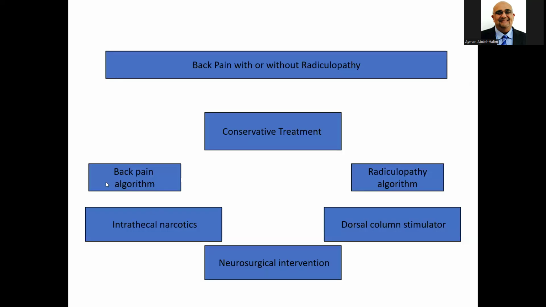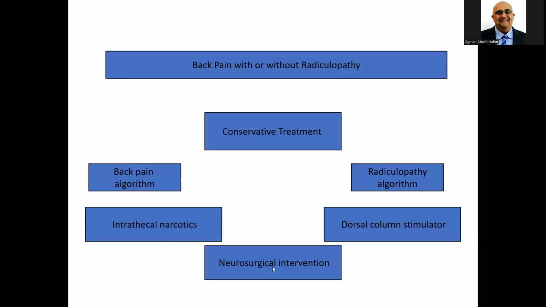Now, the end road of this back pain or axial pain algorithm is using a pump with intrathecal narcotics if everything fails. While with the radiculopathy algorithm, the end result is doing what we call dorsal column stimulator.